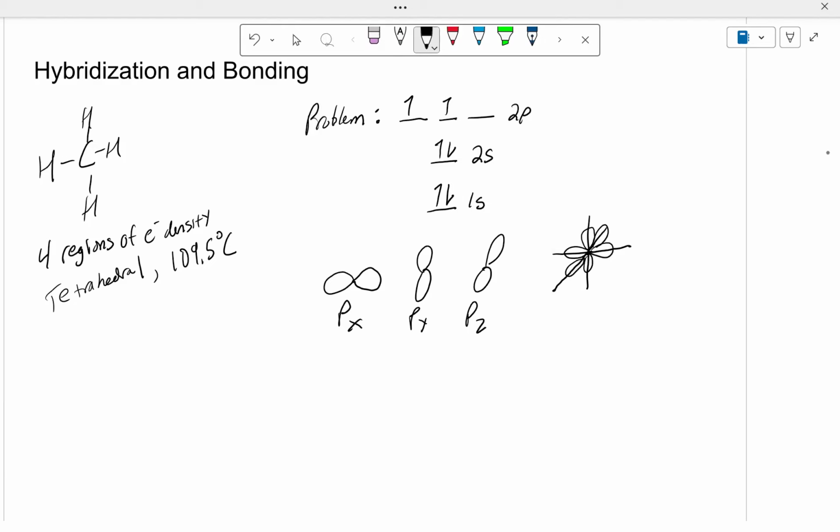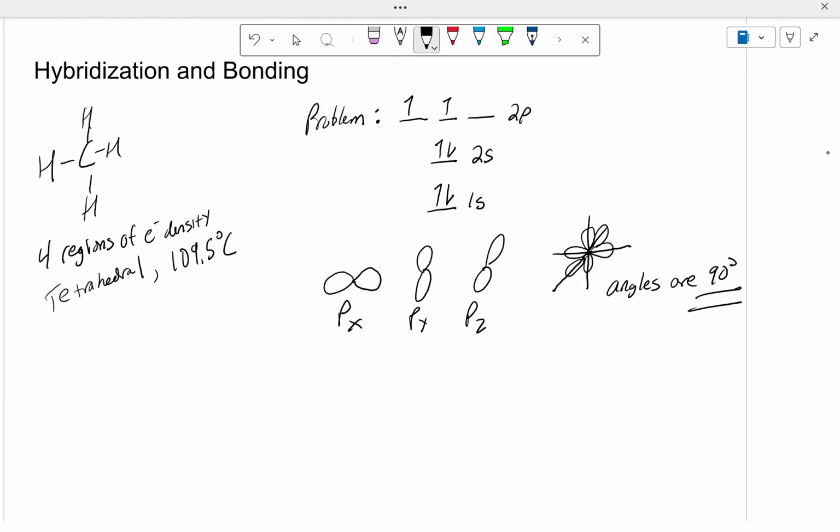I want you to think about this answer in your head. What are the angles of those three axes to each other? x to y, y to z, or x to z. They're all perpendicular to each other. The angles are 90 degrees.